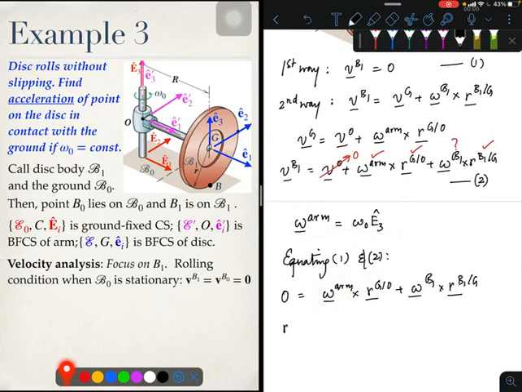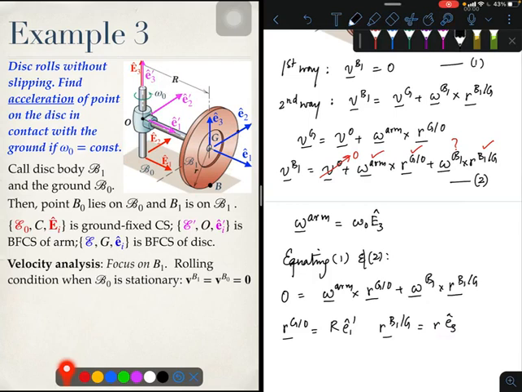We can now write down RGO to be capital R along E1 prime, while RB1 with respect to G to be small r E3. I am not being too careful about which frame I am using to write down these vectors. That's because at the current moment all of these coordinate systems are aligned. I just have to be careful if I start differentiating things.